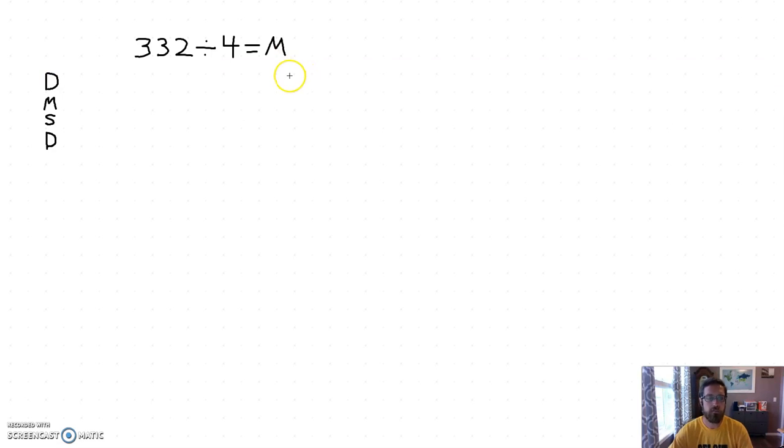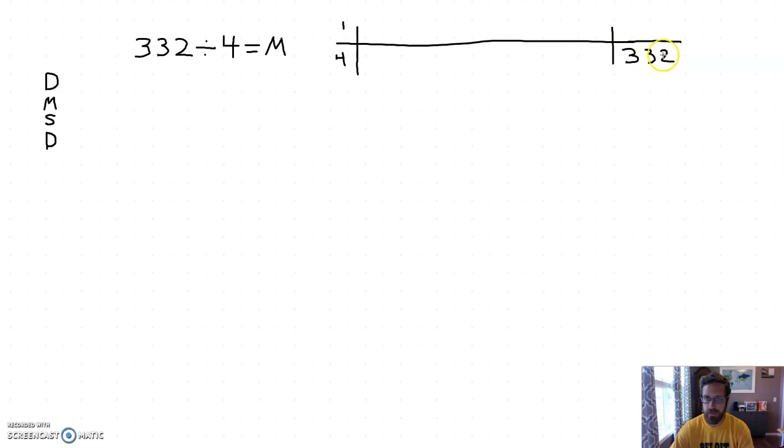So if I go to the whiteboard here, if I have the problem 332 divided by 4 equals m. If I was going to make a ratio table, I would set it up: if 1 group is 4 and I know my total is 332, I need to figure out how many groups of 4 it would take to make 332.